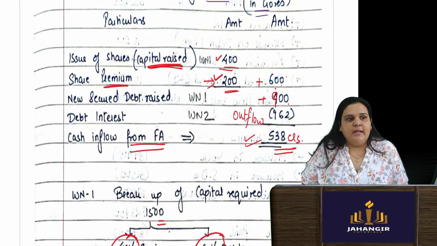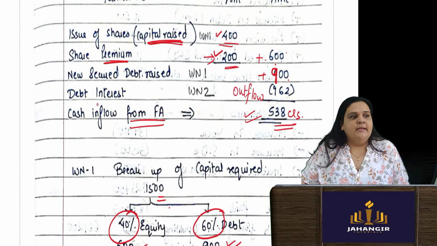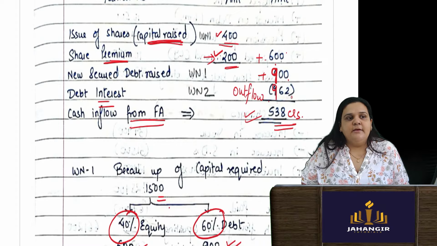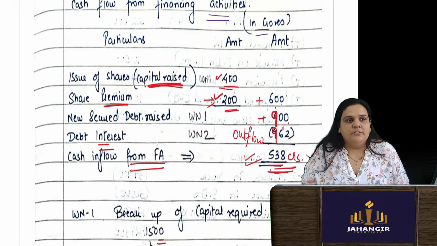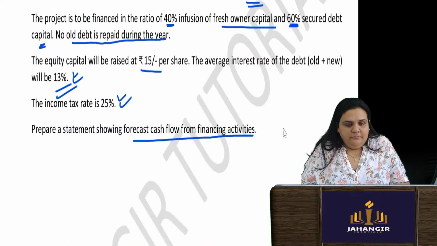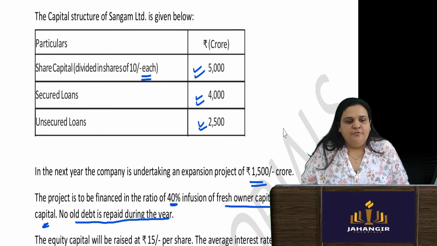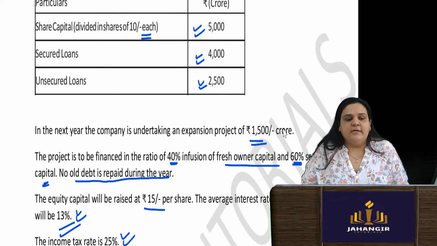They have told me 900 crores. Correct? And then there was a debt interest which I have paid, which is 962 crores. So cash flow from the financial activity is 538 crores, right? Cash flow from the financial activity. This was already there previously.